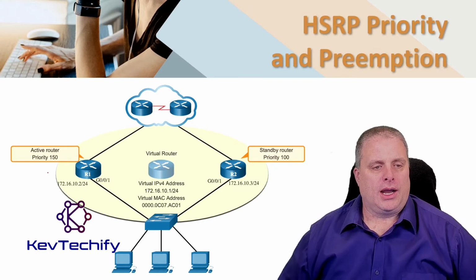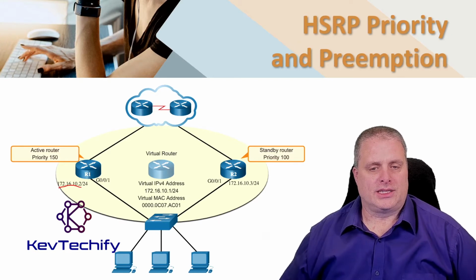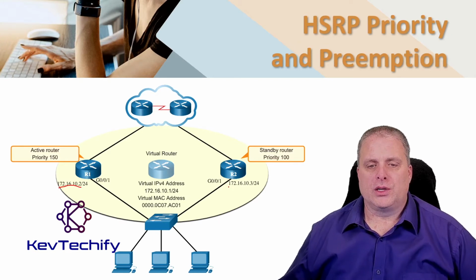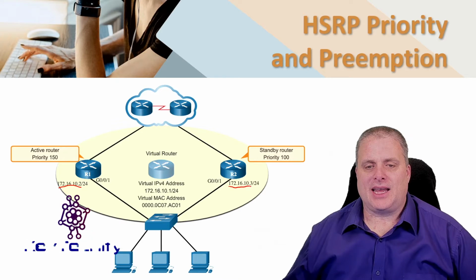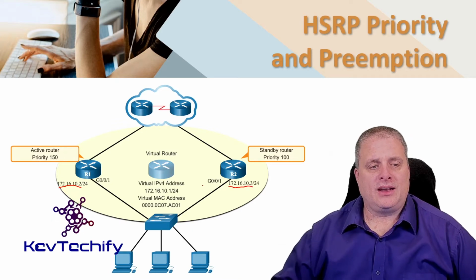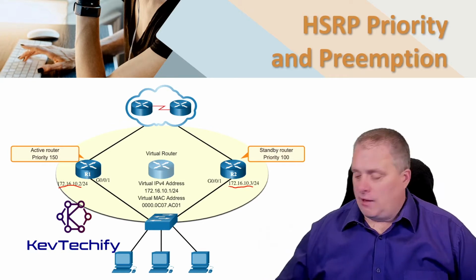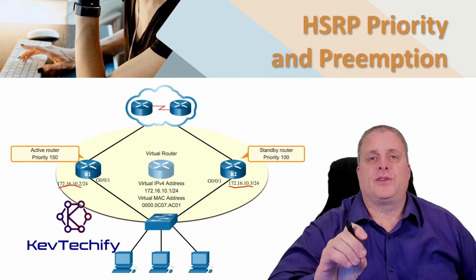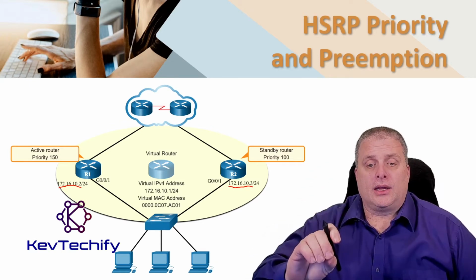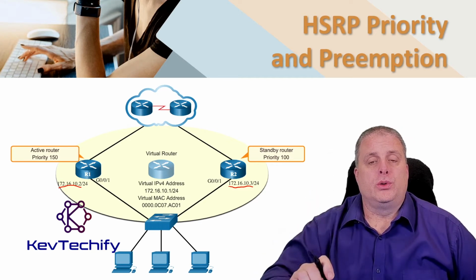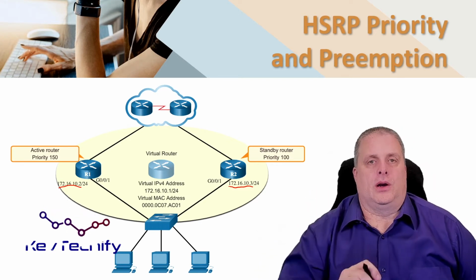One router has 172.16.10.2 as its address. The other router is 172.16.10.3. So we've got 10.2 versus 10.3. If we are going off the default settings, router 2 would be the active router.